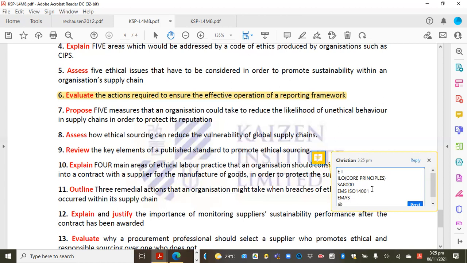Then Social Accountability 8000. So please master the core elements. So ETI, I'll send them to you. I think you should have them in the ETI book. ILO and Social Accountability 8000. Yes.